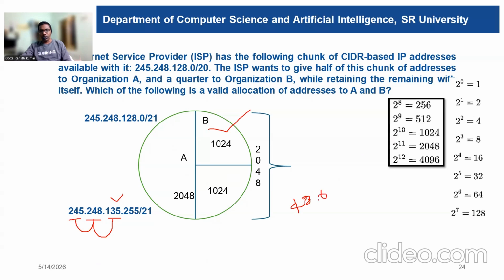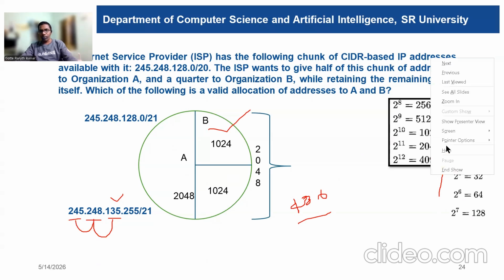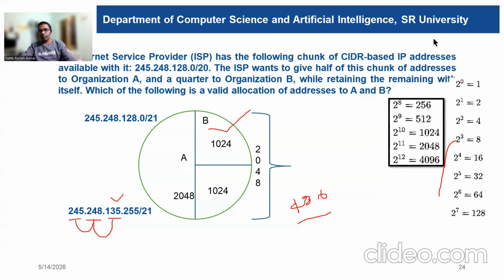Here the next address is going to be 136, because 135 is the last address.